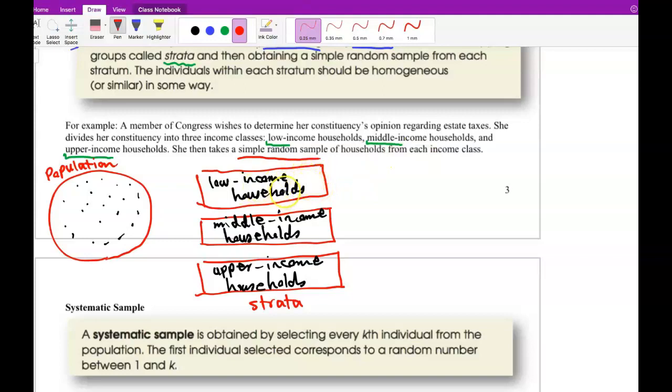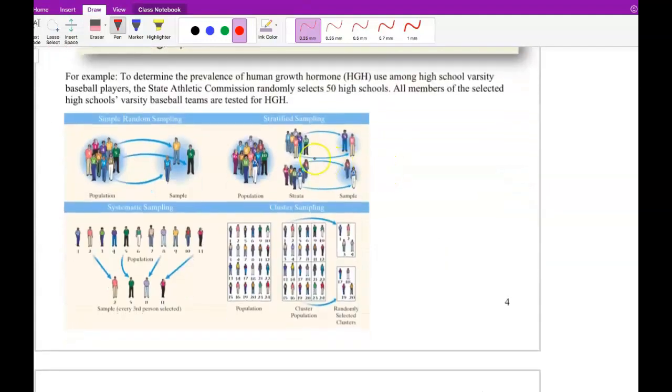I'm not sure how many I have here. If in case we had 10 individuals, usually we're going to have the same number of individuals in each group. So maybe 10, 10, 10. Then from each one, I'm going to choose a sample, and the same number of individuals from each stratum.